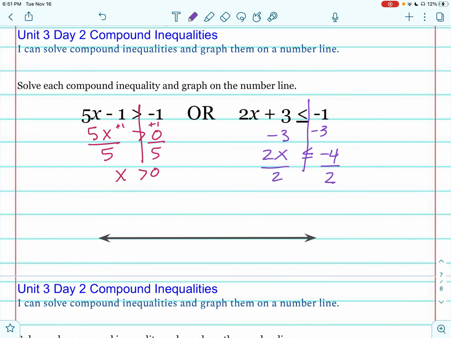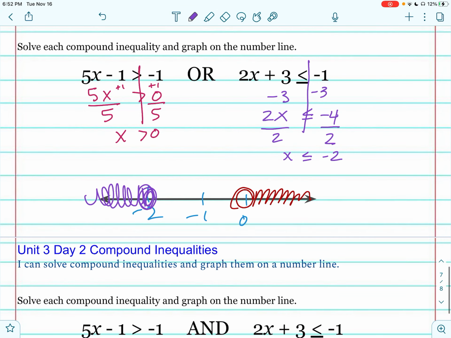I'm dividing by a positive number, so I don't have to flip my sign. So when I put stuff on this number line, -2, 0, and my pink one, I'd have an open circle, and I would choose this. And my purple one, I have a closed circle and I choose this.